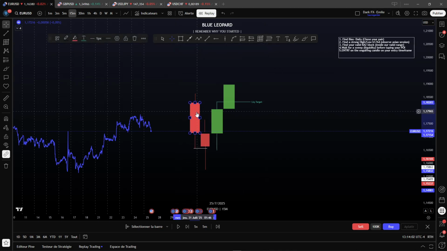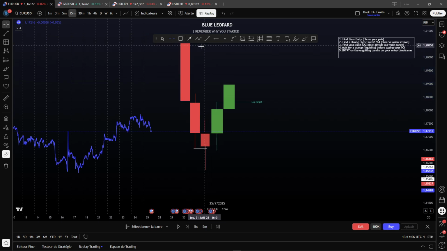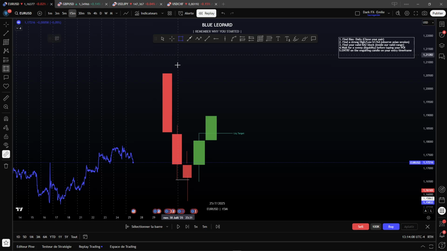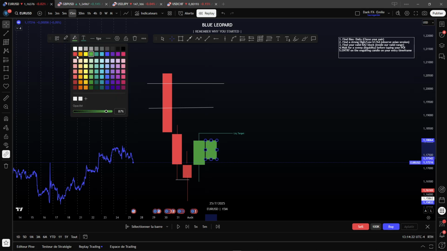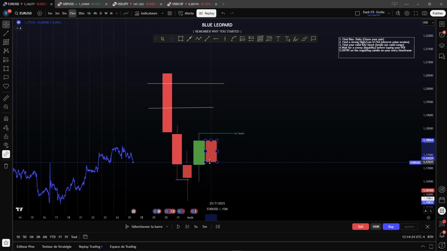Maybe you will have another big red candle here with a fair value gap that we can target. And this candle, instead of targeting only here, we will observe the price create, it will always start red to create the low.